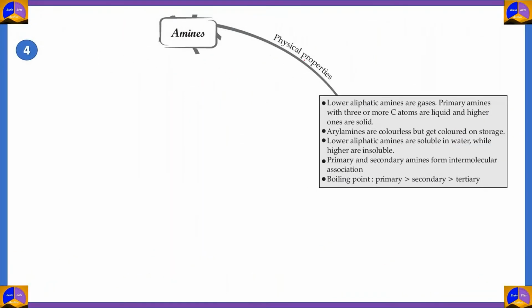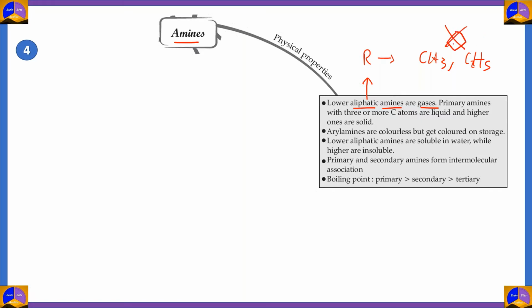Now let's look at the physical properties of amines. The first property is that lower aliphatic amines are gases. What is aliphatic? Now, aliphatic is the alkyl group which contains formulas such as CH3, C2H5, etc. So these are straight line compounds without rings.